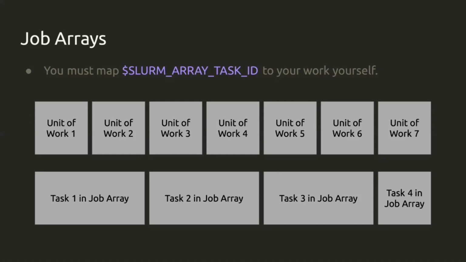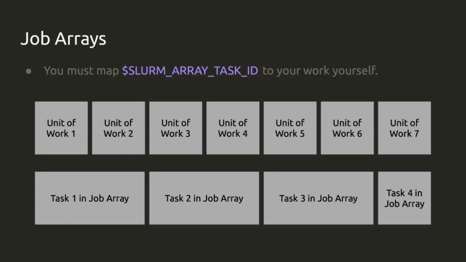So I can set up my job script to do unit of work 1 and unit of work 2 in task 1, unit of work 3 and unit of work 4 in task 2, and then work 5 and 6 in task 3. And then keep in mind that even though task 4 will have the same wall time limit as 1, 2, and 3, it's just the way the cookie crumbles there with the division. And because it has at least the amount of wall time needed to run 2 of those pieces of work, it'll be fine with just that one piece of work for work 7 there.